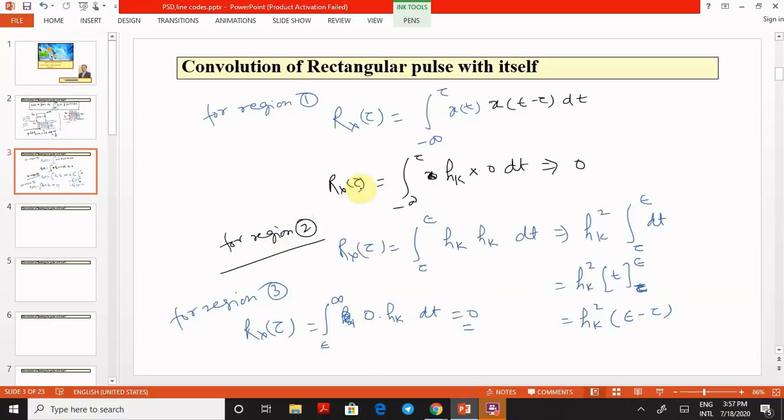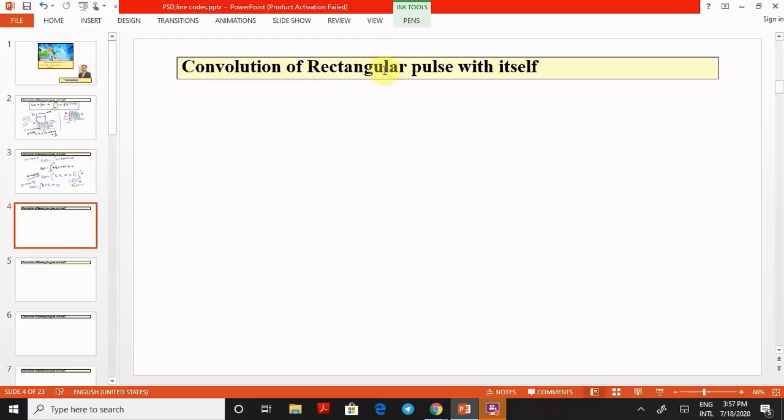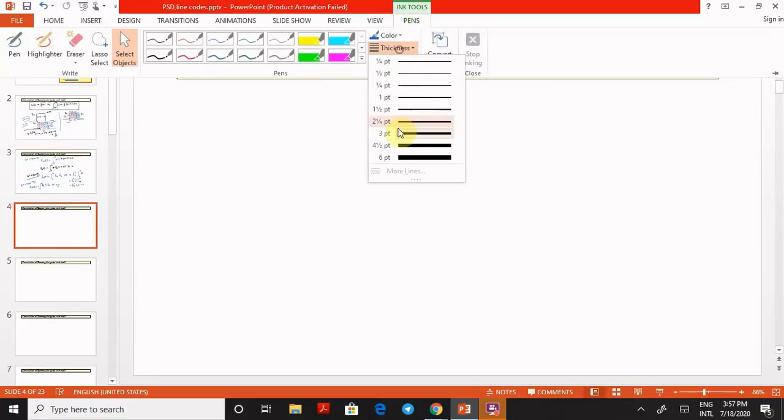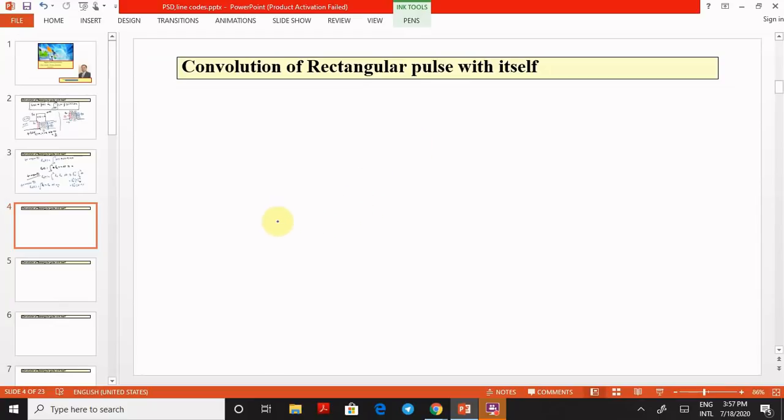Now you can see that here we calculated the autocorrelation piecewise for different limits. Now from minus infinity to infinity, if we want to plot this autocorrelation function, how can we plot it, right? This is again a very important thing to know about. So if you want to plot it from minus infinity to infinity, for example, this is the axis tau.